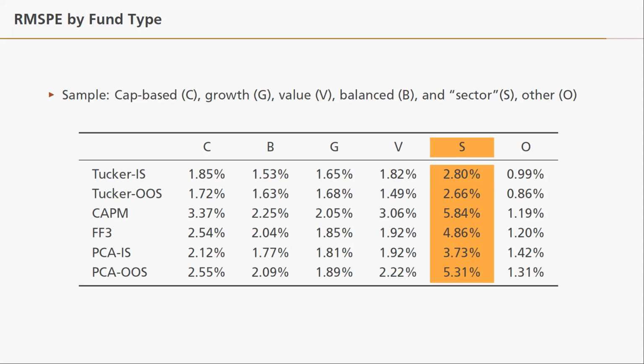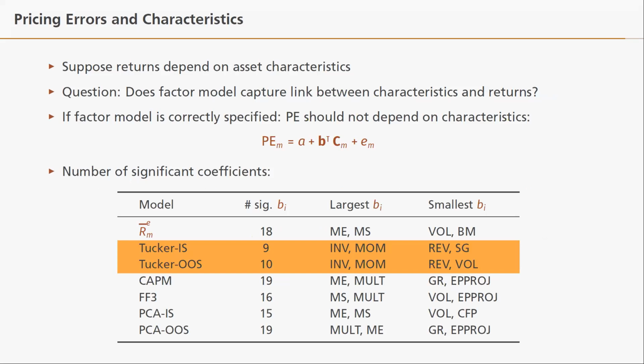One way to think about this specification is, in principle, if returns depend on characteristics, you can ask whether a factor model captures the link between characteristics and returns. If the model is correctly specified, pricing errors should not depend on the characteristics.